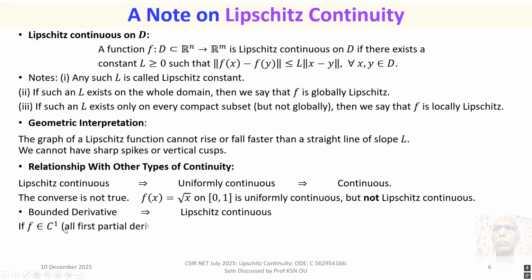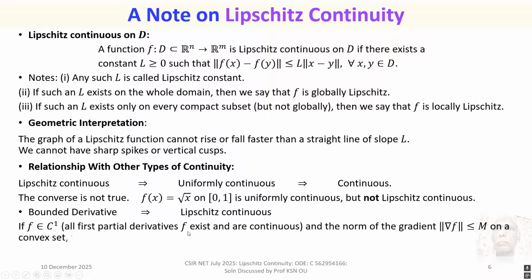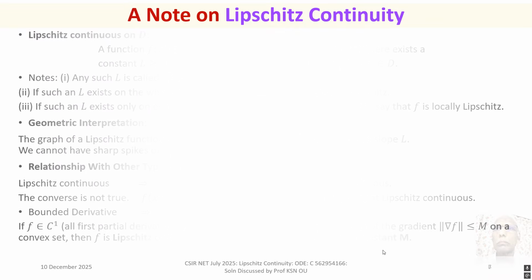If f belongs to C¹, that means all first partial derivatives of f exist and are continuous, and the norm of the gradient, ‖∇f‖, is less than or equal to M on a convex set, then f is Lipschitz continuous on that convex set with Lipschitz constant M. This is very important. This is what exactly we are going to use in this.